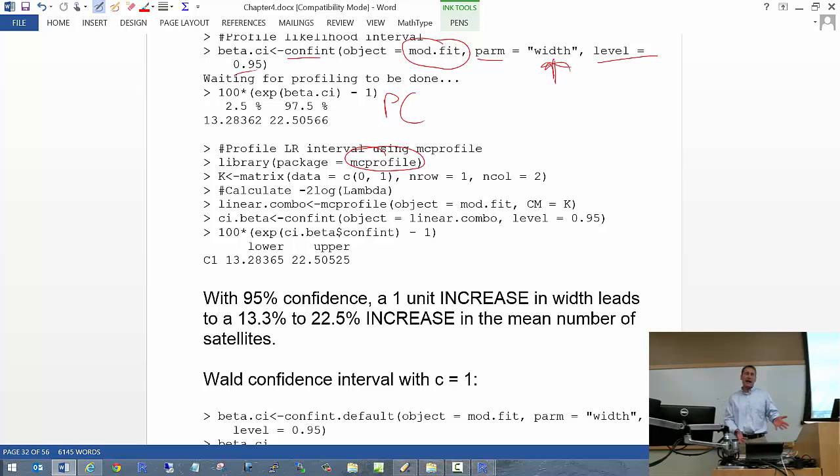And in fact, if you have a categorical explanatory variable, often writing a big K matrix will be the preferred way to do this. So please remember that. Also, you could do a Wald confidence interval with mcprofile using the wald function.